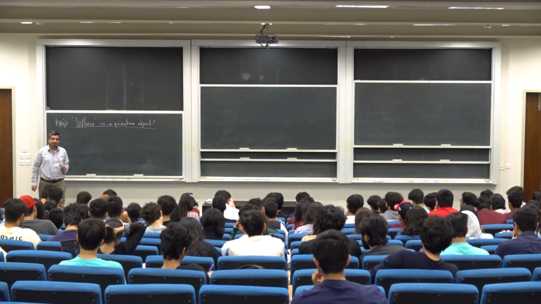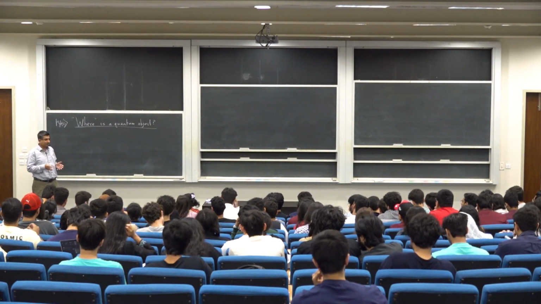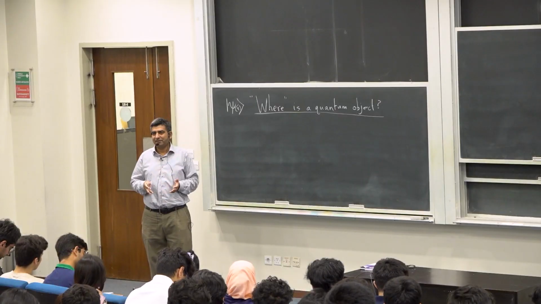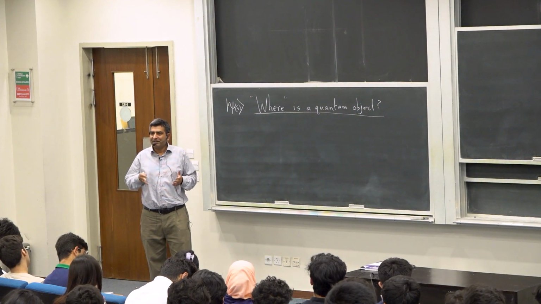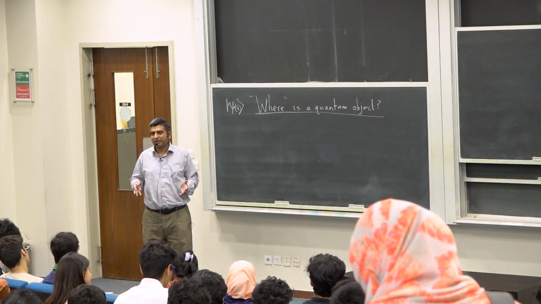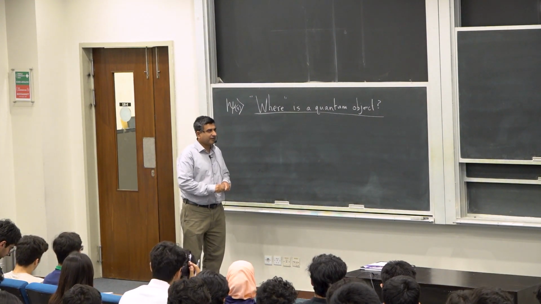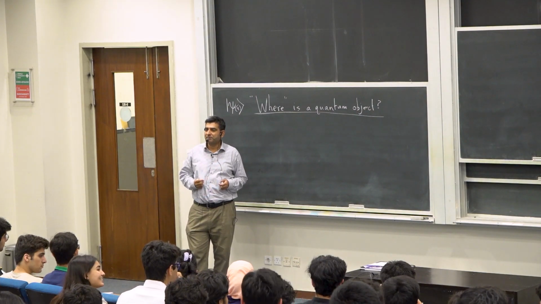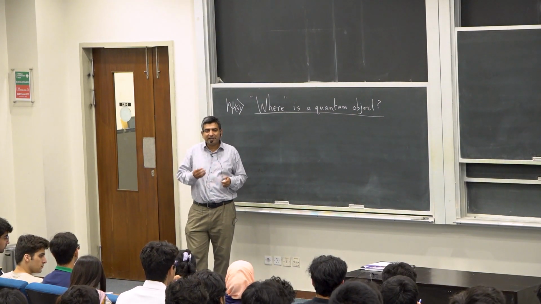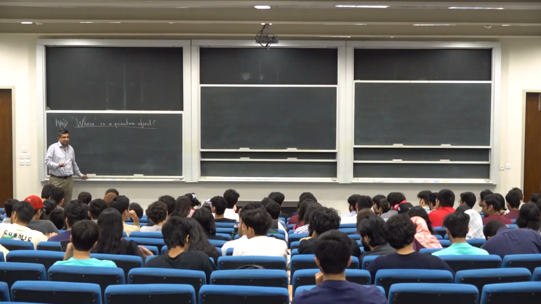When you look at physics, you often have to deal with the location of an object. Where is the earth? Where is the sun? Where is a car at one particular point in time? You throw an object. Where is this object with time?